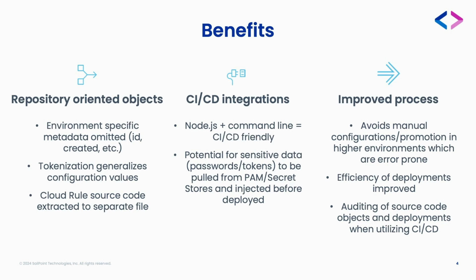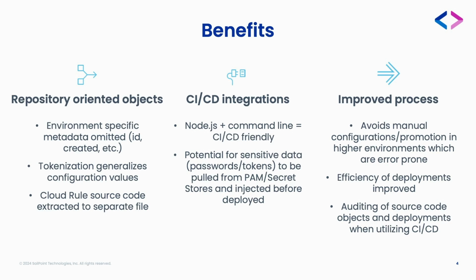There's also other potential integrations for sensitive data, such as passwords or tokens, to be pulled from a PAM or secret store and injected before being deployed to a target environment.